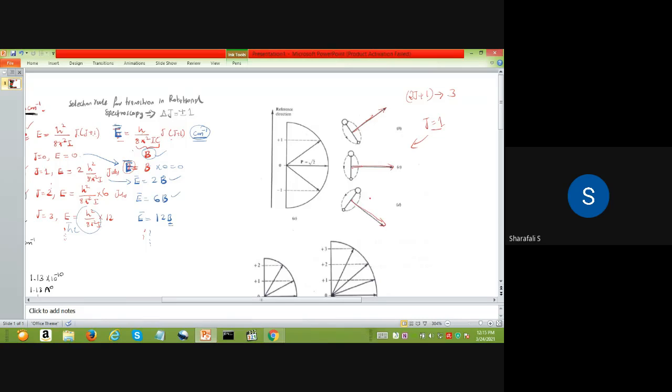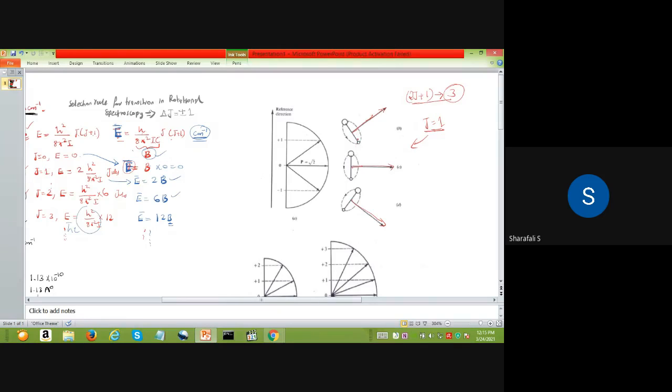So these three different directions are possible for this angular momentum, and hence you will have different values correspondingly. So there will be a total of 3 degenerate states corresponding to the j equal to 1 case.